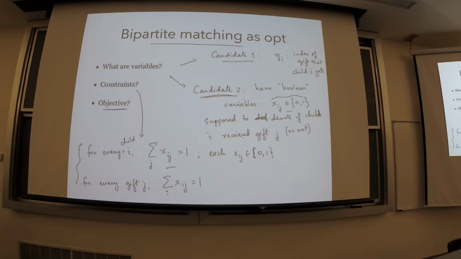Right, but if there are n children and n gifts, and you ensure that every child gets exactly one gift, now how could it be that two children get the same gift? For example, if we consider a 2 by 2 matrix, so just put 1 in the first column.